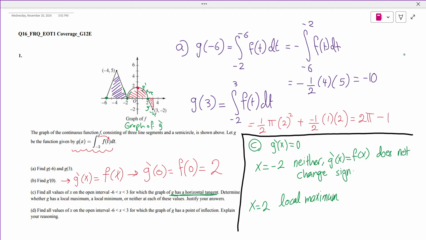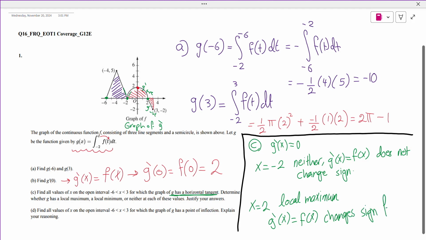So at x equals 2, there is a local maximum because g prime of x, which is the same as f of x, changes sign from positive to negative. Positive means above the x-axis, negative means below the x-axis.